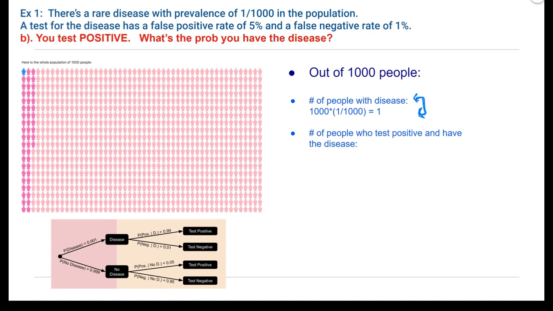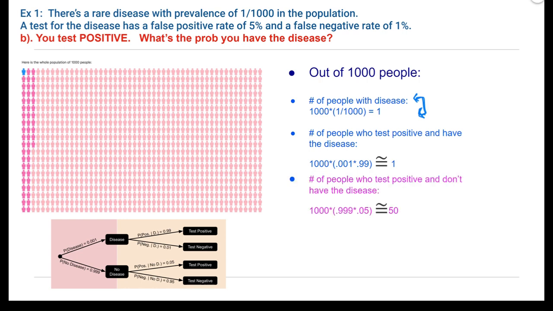The number of people who test positive and have the disease, again, since there's only 1 that has it, in this case, there's about 1. I'm rounding here. For the people who test positive and have the disease. Number of people who test positive and don't have the disease. So that's approximately 50 people here. In the picture, you can see those are the darker pink people.